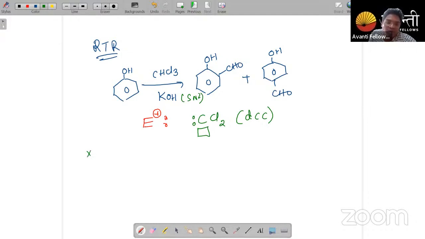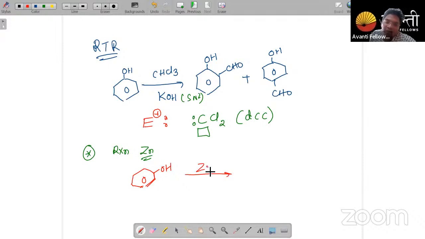Next, another prominent reaction is when you are reacting with zinc. What products are you going to get? Suppose you have benzene along with OH, which we call a phenol group.